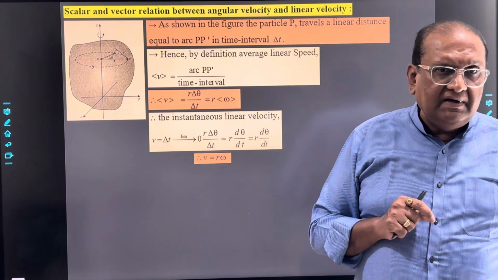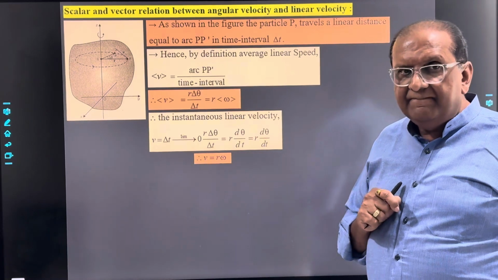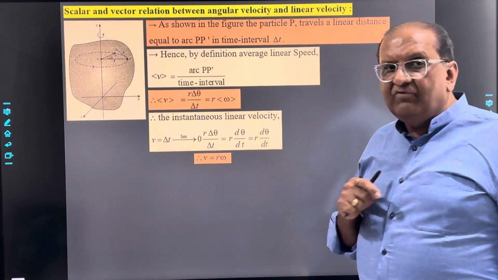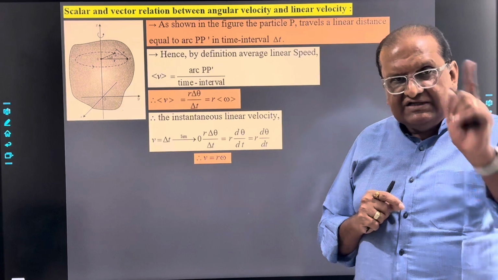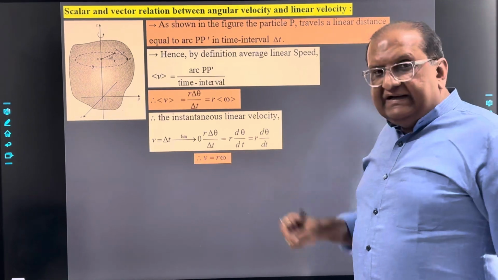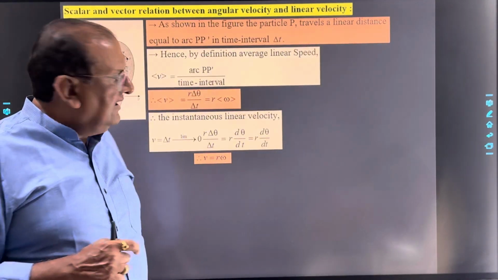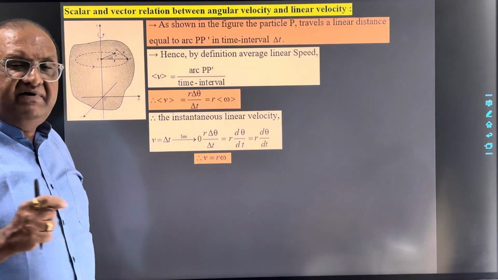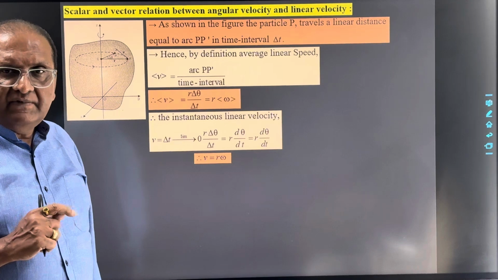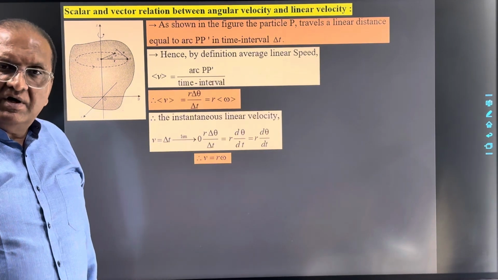Omega we can take as angular velocity, both are vector quantities. And the result we want, linear velocity, is also a vector quantity. So on the right hand side there is a product of two vectors, and the result on the left hand side we want is a vector quantity. So very simple thing, we have to take the vector product on the right hand side.